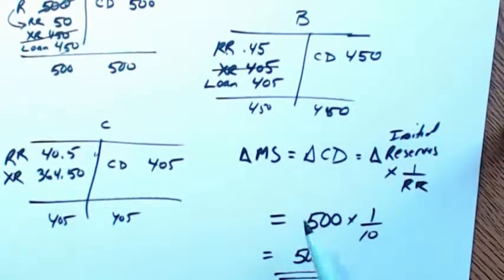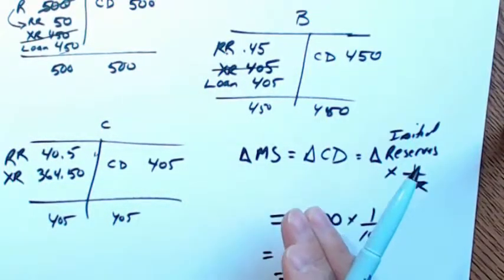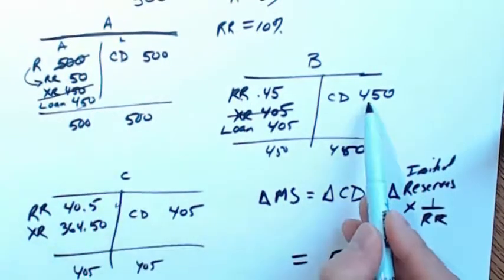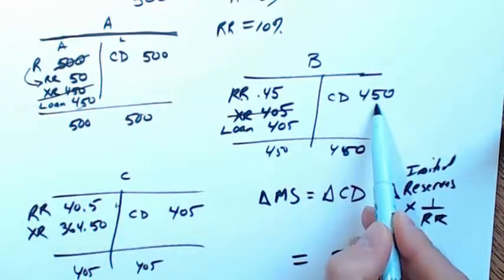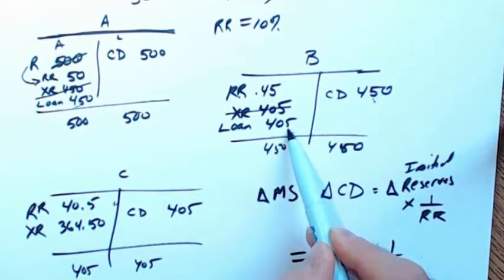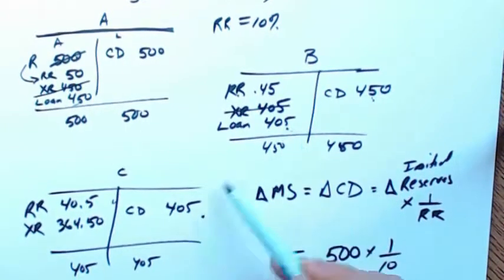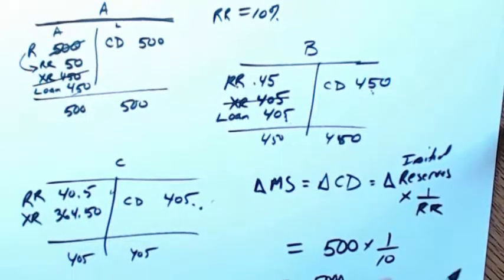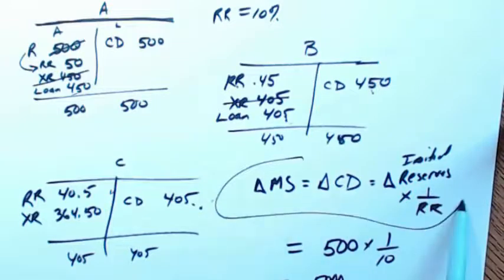Now, we also assume, by the way, that in this whole process, nobody kept cash in their pocket. So this person who borrowed the 450 deposited 450 here, and this person who borrowed the 405 deposited the 405. Nobody kept any money in their pocket. They deposited everything, 100%. So there was no what we call cash drain in this example. And so the multiplier process, here it is.